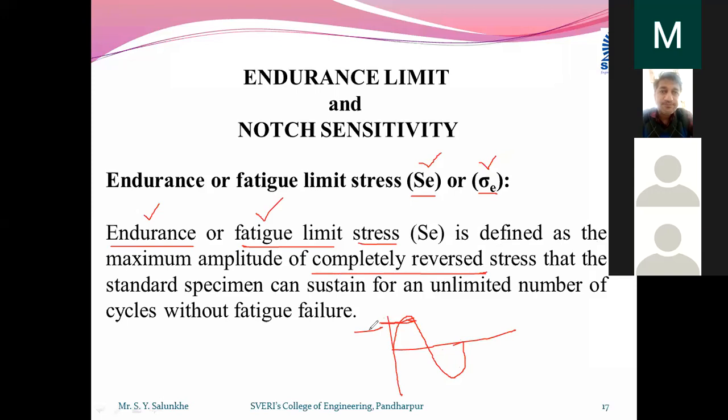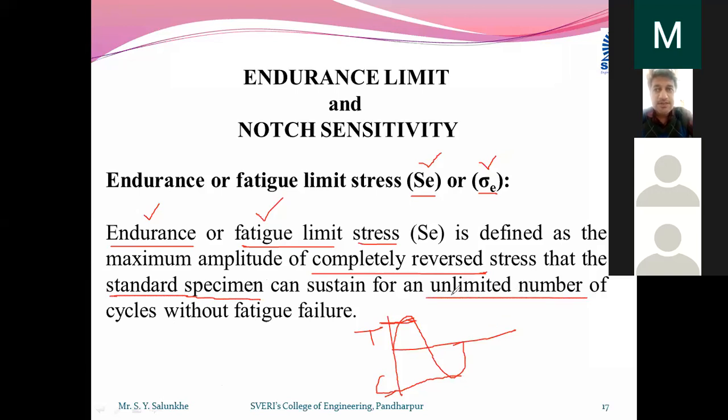Okay, this is the tensile region, this is the compressive region, so the same amount of compressive load has to be applied. It is defined as the maximum amplitude of completely reversed stress that the standard specimen, underline the standard specimen, can sustain for an unlimited number of cycles.